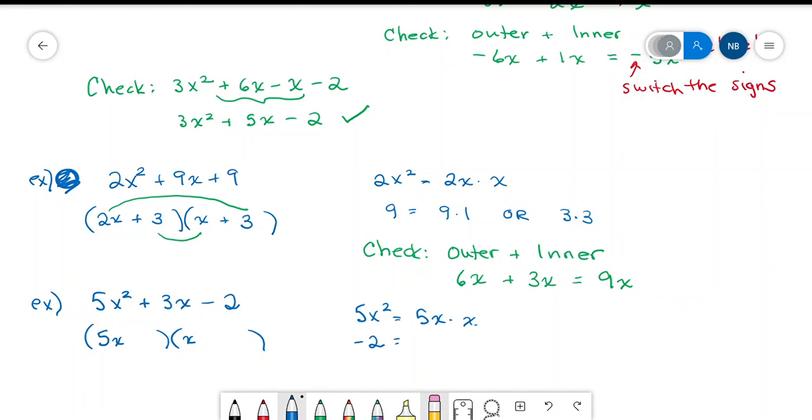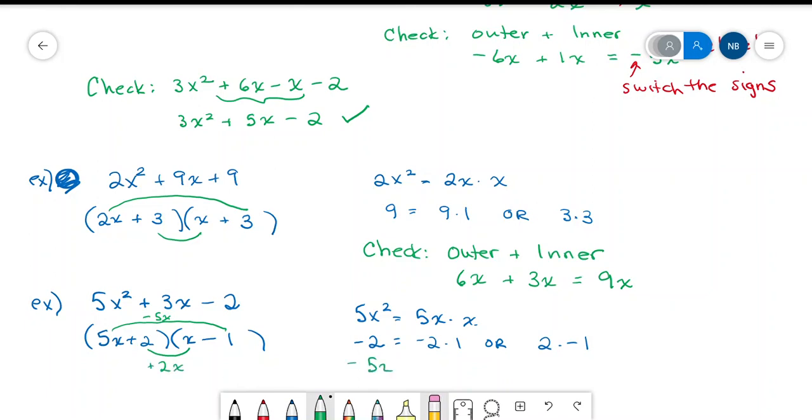So let's see, negative 2 is either negative 2 times 1 or it's positive 2 times negative 1. Let's try positive 2 and negative 1 as our factors and see if it works. 5x times negative 1 is my outer product. 5x times negative 1 is negative 5x. 2 times x is my inner product, and that's positive 2x.